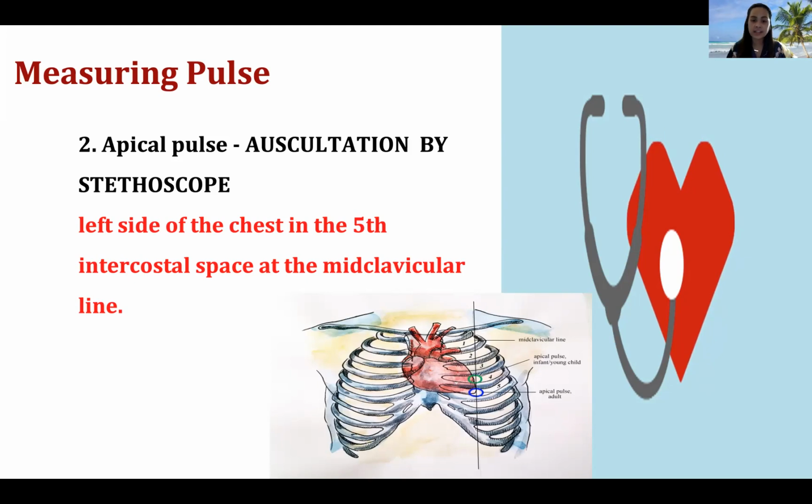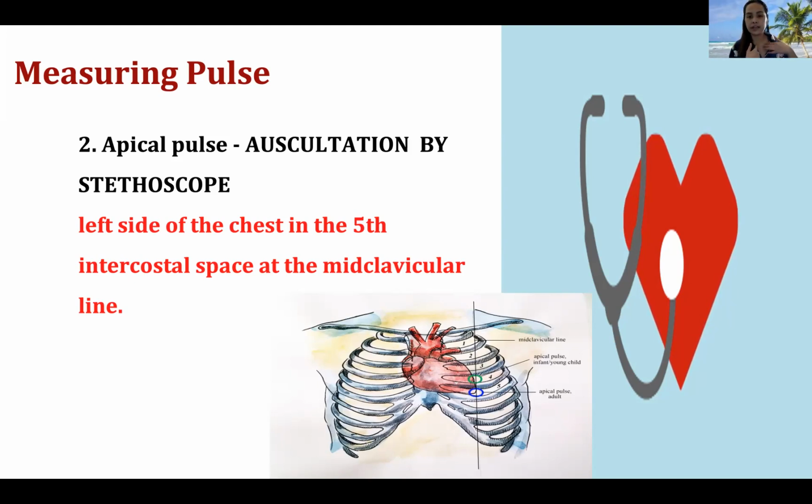As you can see in the picture, it is located on the left side of the chest in the fifth intercostal space at the mid-clavicular line. This is your clavicle bone.